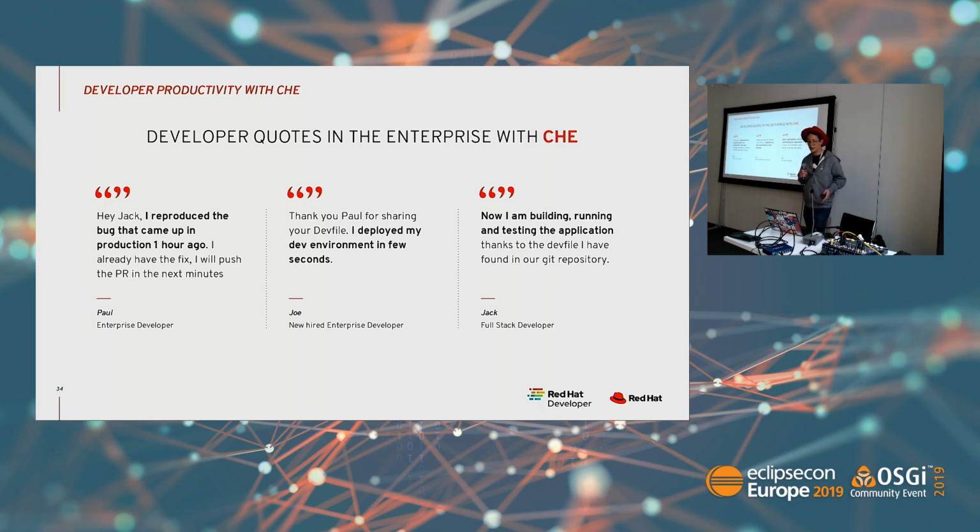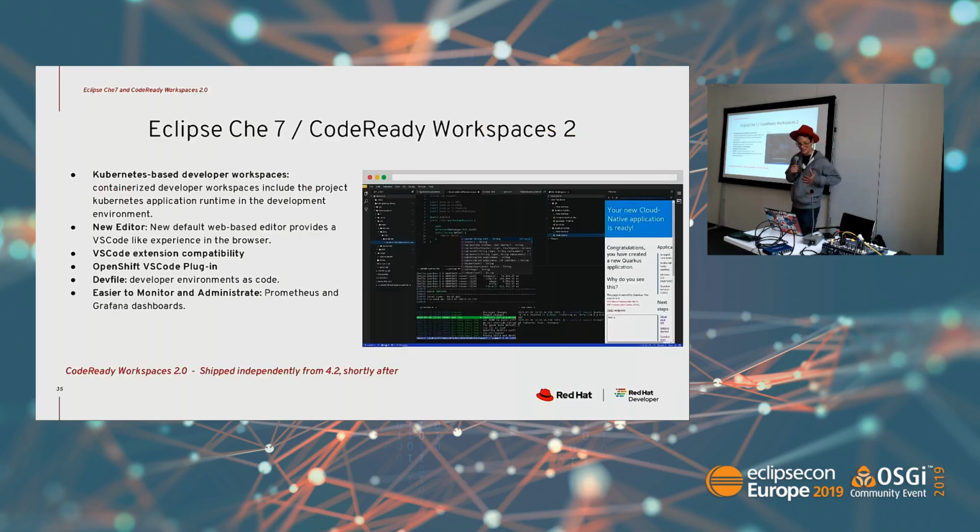Joe, he has deployed. He's just been hired, and he had just clicked on the dev file and managed to run the development environment and build and run the application. And Jack managed to build his application in Go and run the application. So with Che, we saved the developer life of Paul, Joe, Jack, and myself.